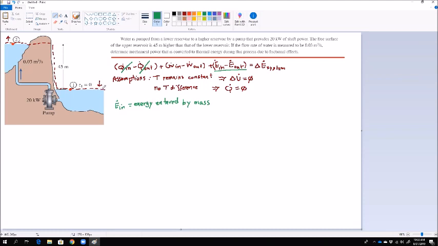But based on some assumptions, we can simplify it actually. The assumption is that the reservoirs are very large. When the reservoirs are very large, it means that the surface level remains unchanged.